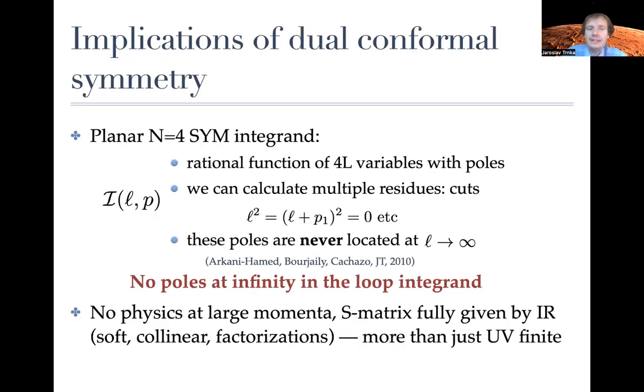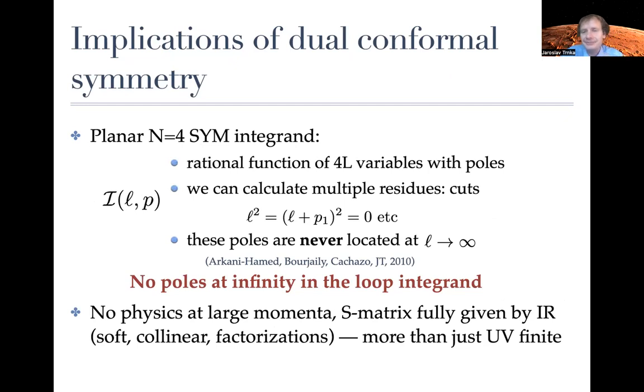Now, there is one thing special which we will not really exploit here, but I just want to mention it. Why is the planar N=4 integrand special? It's this hidden symmetry which makes it special. We will see a mirror of that on the geometric side once we start to talk about the geometry.